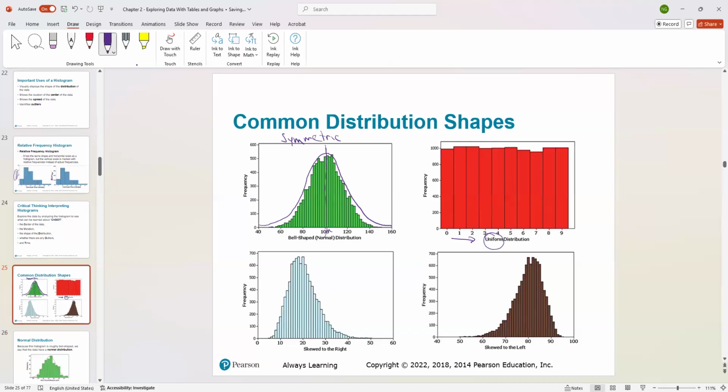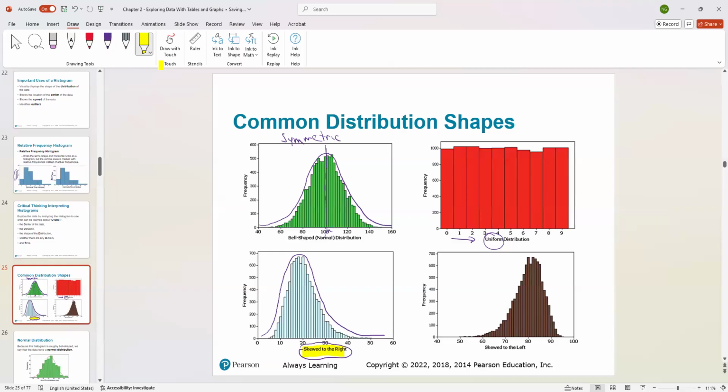But look at the third one. You go up very quickly, but it's spread out more on the right. We call this one skewed right. Remember, skewed right means the tail is on the right. A distribution of data is skewed if it's not symmetric and extends more to one side than the other.